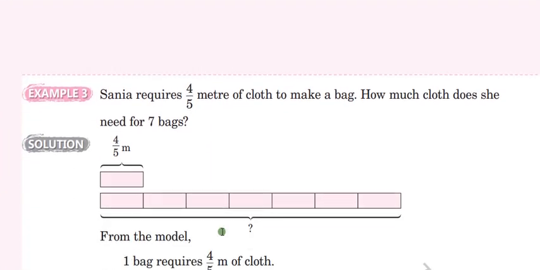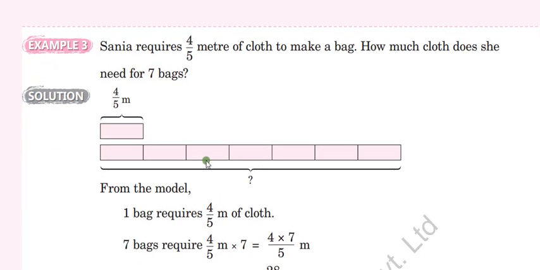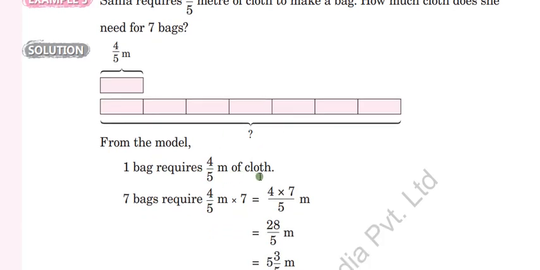Now let us come to one example. Sanya requires 4 by 5 meters of cloth to make a bag. How much cloth does she need to buy for 7 bags? Now for a bag we require 4 by 5 meter of cloth. Now they are asking how much cloth is required to prepare 7 such bags. 1 bag requires 4 by 5 meter of cloth.